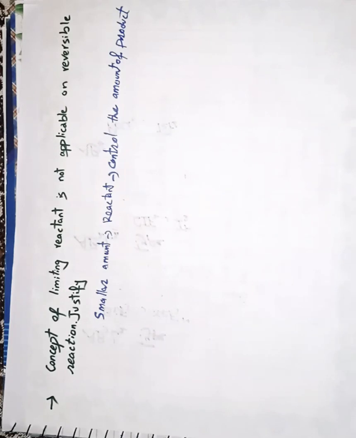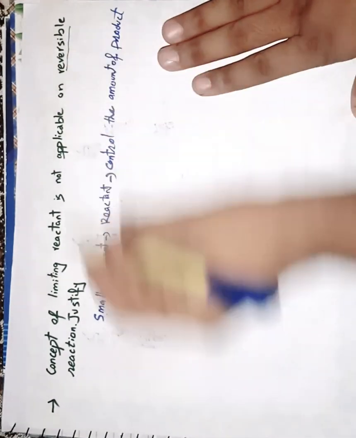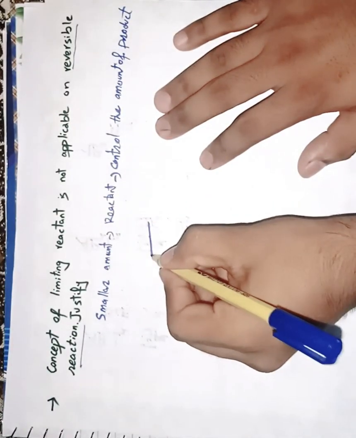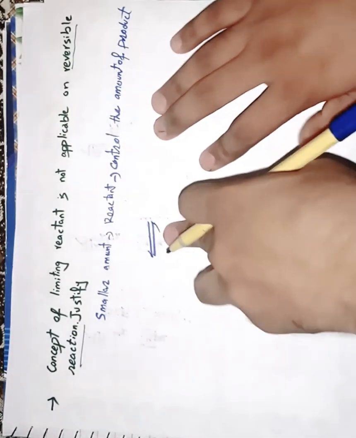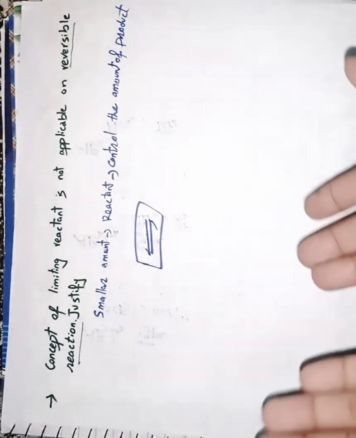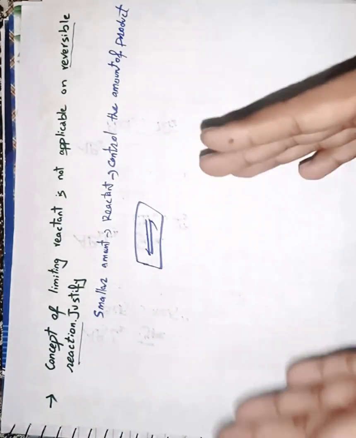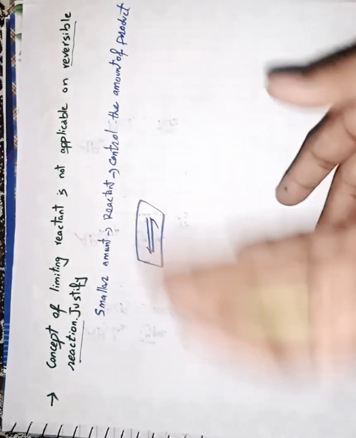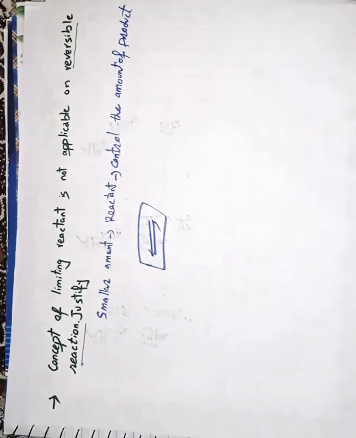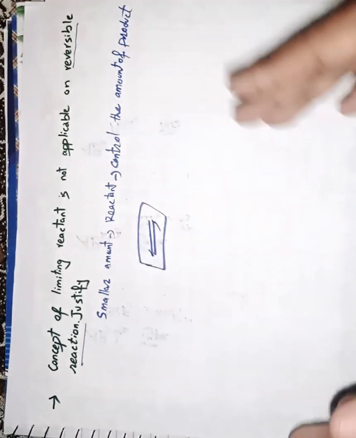So now we discuss reversible reaction. As we know, in a reversible reaction an amount of reactant is converted to product and the amount of product is converted again into reactant.